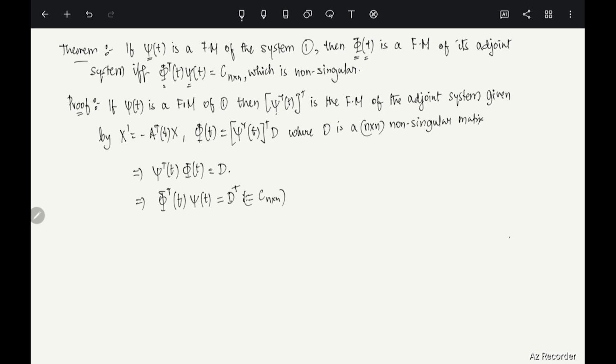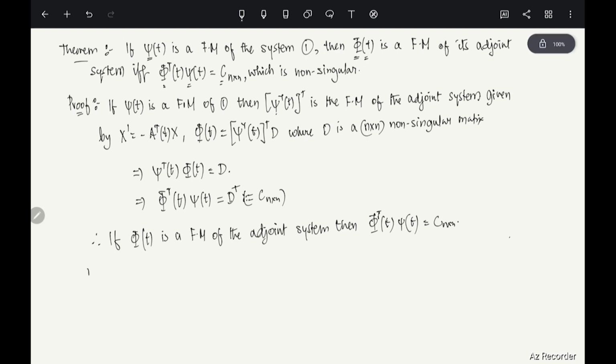Therefore, if phi of t is a fundamental matrix of the adjoint system, then you always have phi transpose of t psi of t is a constant n cross n non-singular matrix.